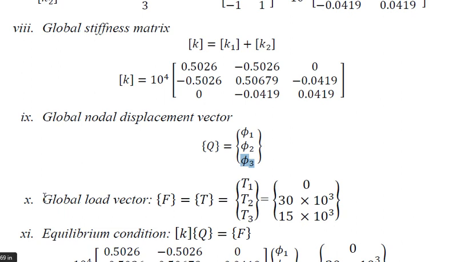And what is the global load vector? The global load vector is taken as the twisting moment. Twisting moment applied at node 1 is 0. There is nothing applied at node 1, so that is taken as 0.